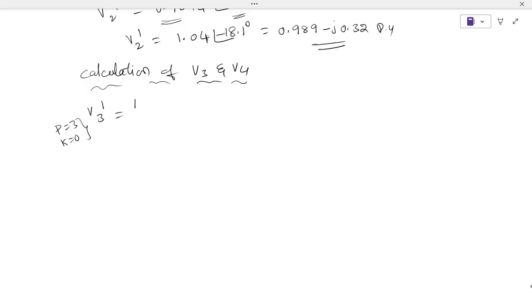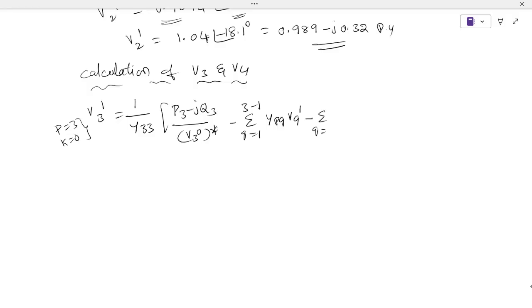Now V31 is equal to, substitute in the formula, 1 by Y33, P3 minus JQ3 by V30 conjugate, minus sigma Q is equal to 1 to P minus 1, that is 3 minus 1, YPQ VQ at K plus 1, K plus 1 is 0 plus 1, that is 1, minus sigma Q is equal to P plus 1, that is 3 plus 1 to 4, number of buses, YPQ VQ 0.